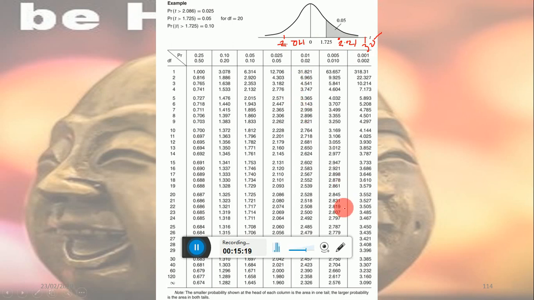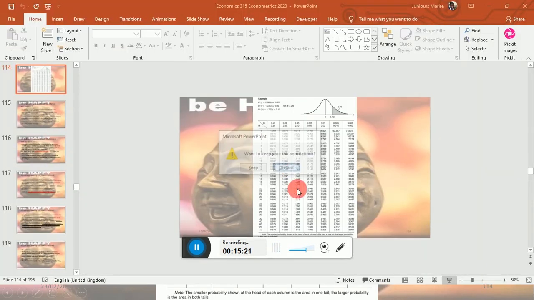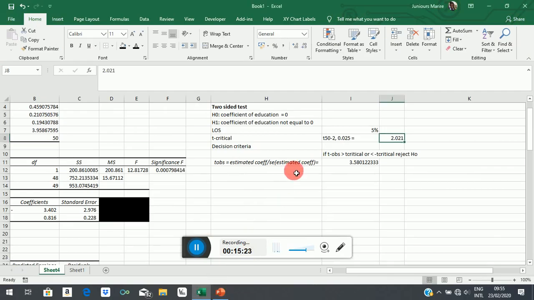Now because of that, we come to our decision criteria. We said that if our observed t, which is this one, is bigger than the critical t, which is that one, we must reject H naught. Okay, so what is our decision?